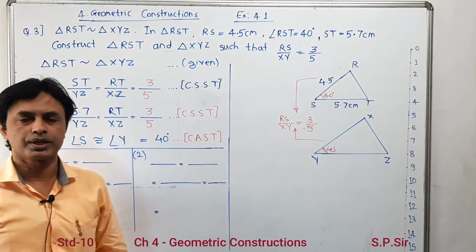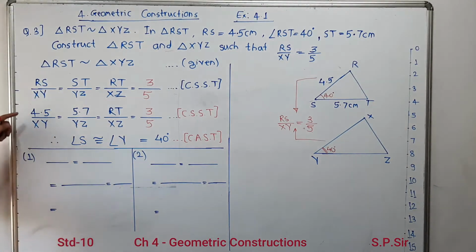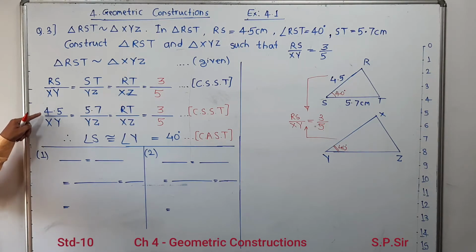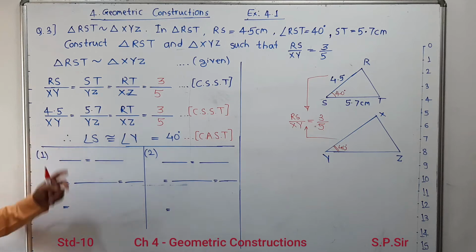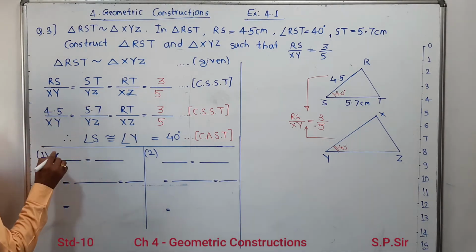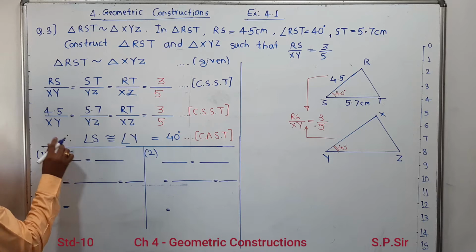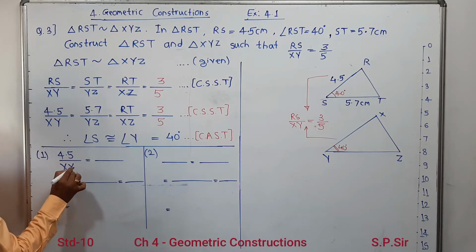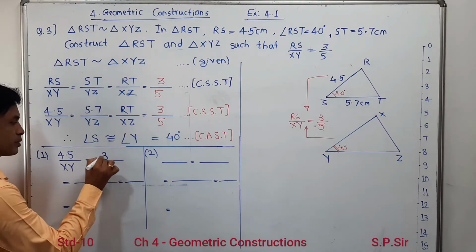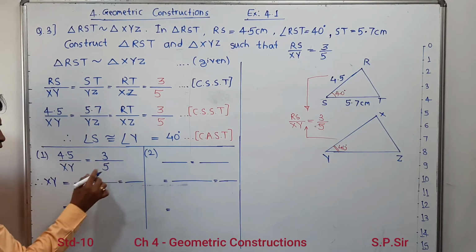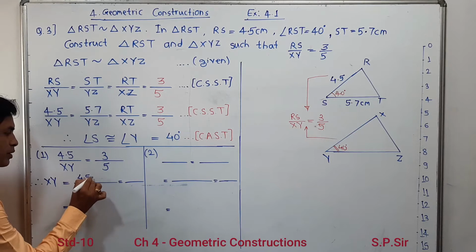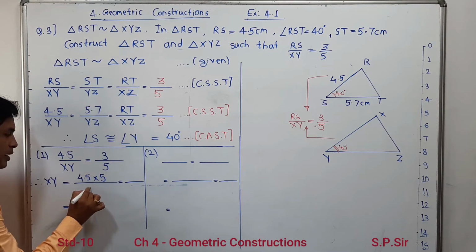Okay, now we are moving to the calculation. The part is 4.5 upon XY is equal to 3 by 5. Here I am trying to find the value of XY. Now by cross multiplication, therefore XY is equal to 4.5 into 5 divided by 3.